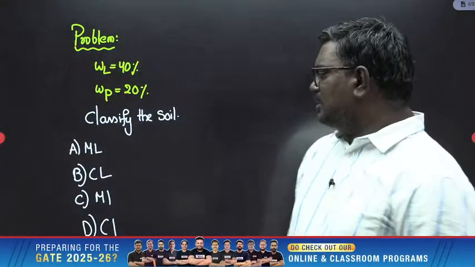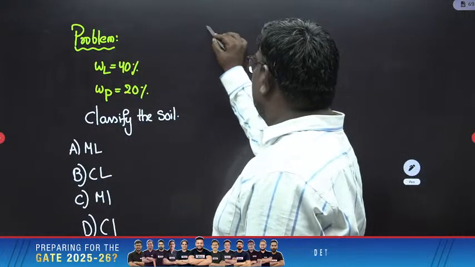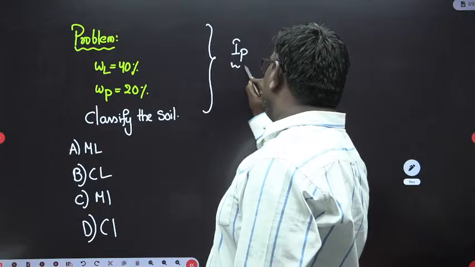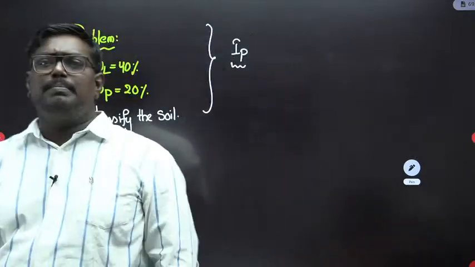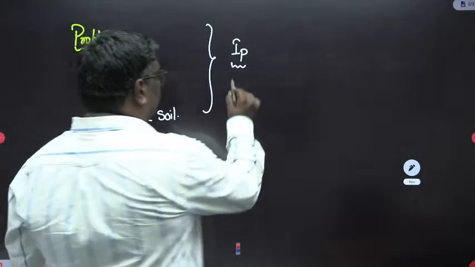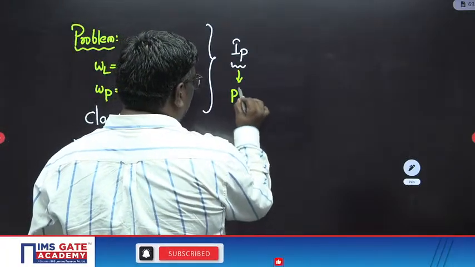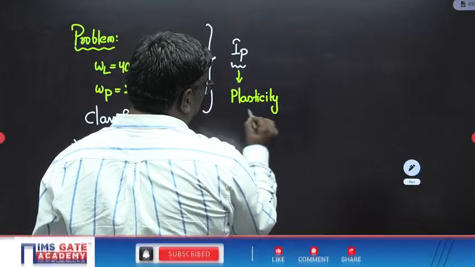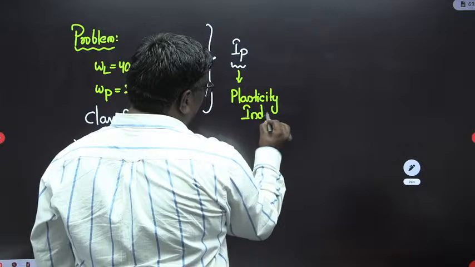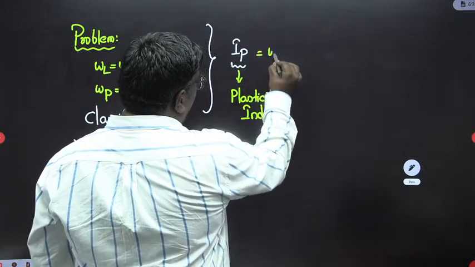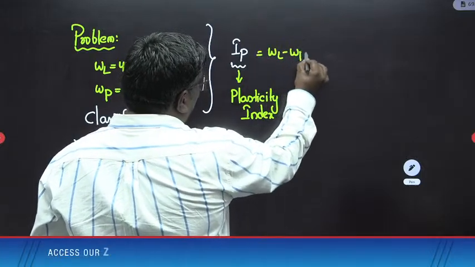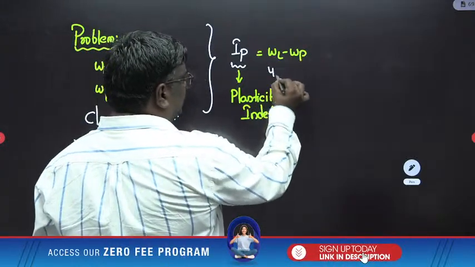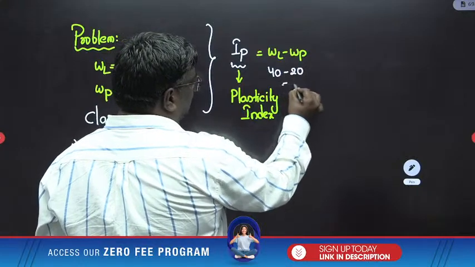So whenever they ask you a question like this, see students, first of all you should find out IP. What do you call IP? IP is nothing but the plasticity index. It is given by the formula IP is equal to WL minus WP. Am I correct or wrong, sir? Very good. So here IP is equal to 40 minus 20, which will be equal to 20.